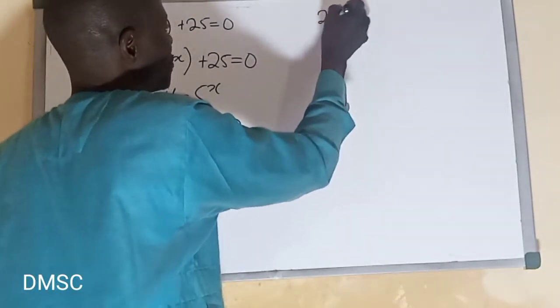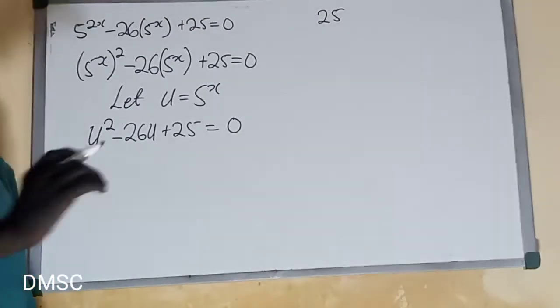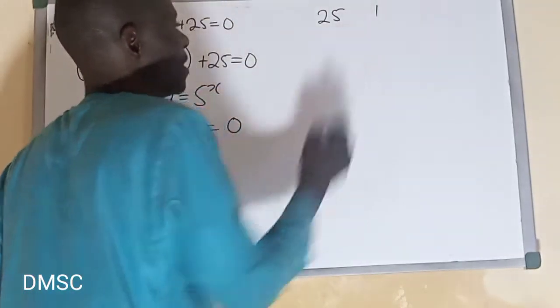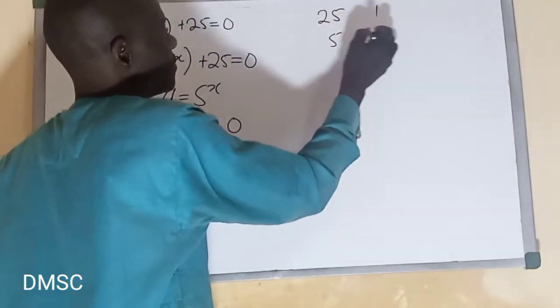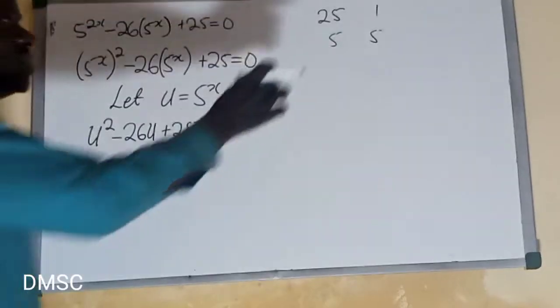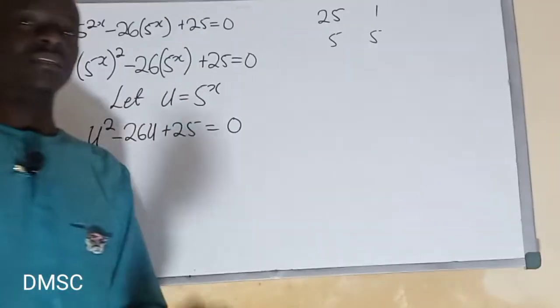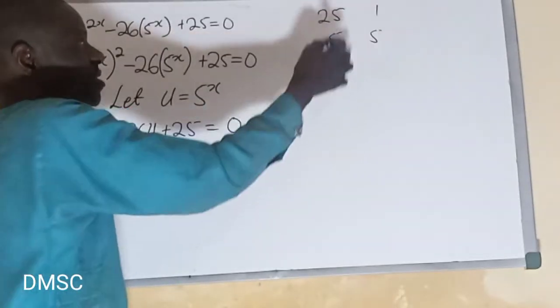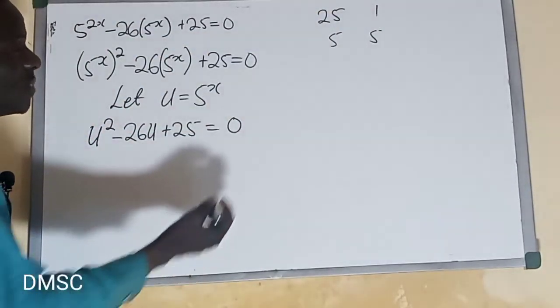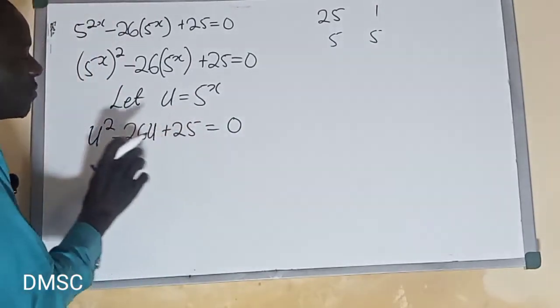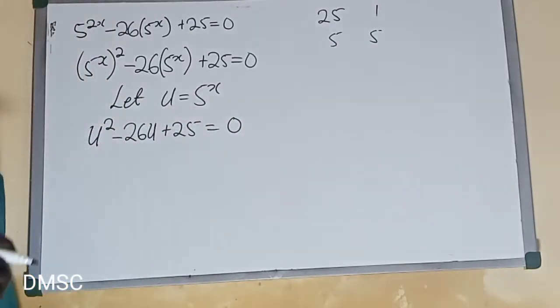What are the factors of 25? The factors of 25 are 25 and 1, and then 5 and 5. All these factors, if you multiply them, give exactly 25. But among these factors of 25, which one, if we multiply, gives 25, and if we add or subtract gives us minus 26?